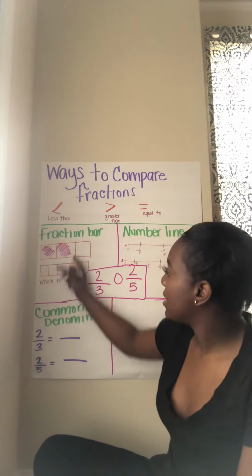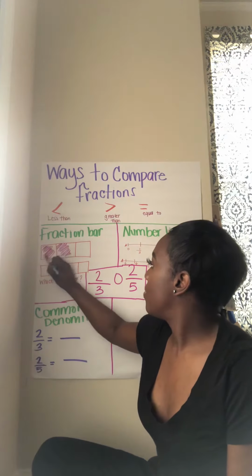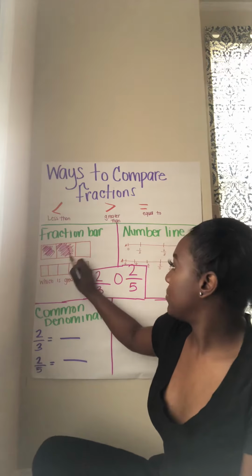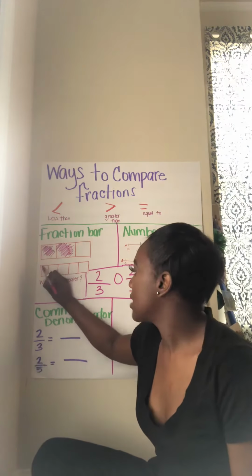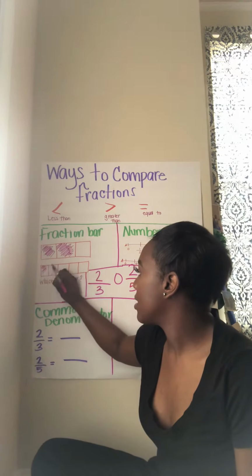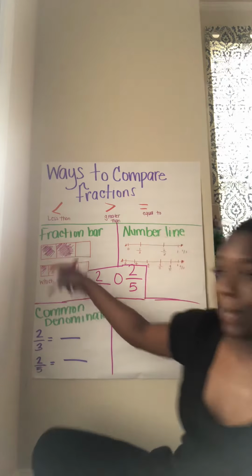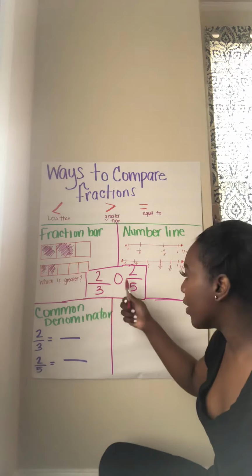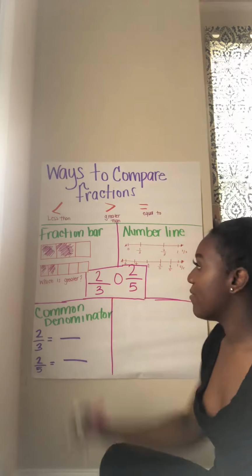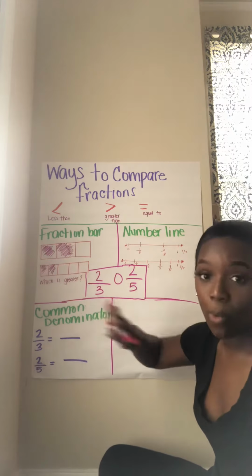This is how much space 2/3 takes up. Then I'm going to shade in 2 pieces out of the 5 pieces. Based off of the visual, I can tell that 2/3 is greater than 2/5 because look, it takes up way more space.